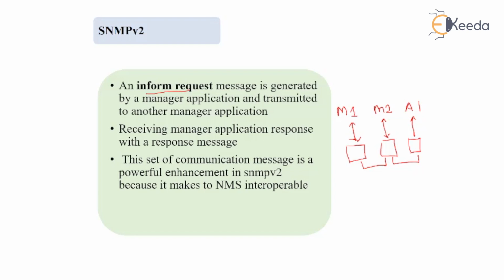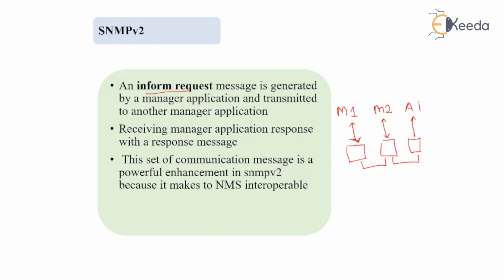This is the change in the directionality in the event generation, and also the change in the sender and receiver replacement. So SNMP V2 is the enhancement of SNMP V1 in which we can establish the communication between multiple managers, and due to this enhancement in the architecture, there is the first event that is known as the inform request.